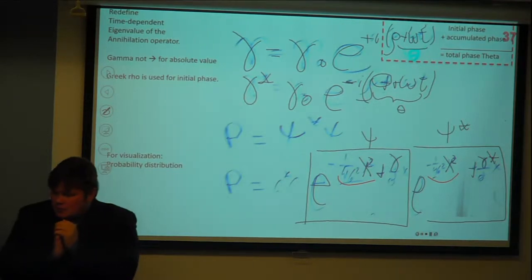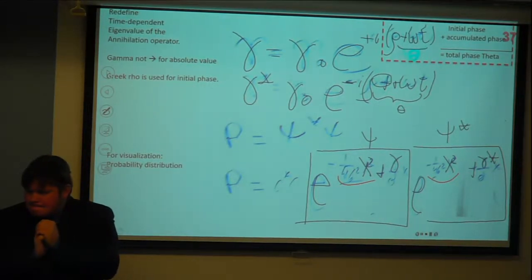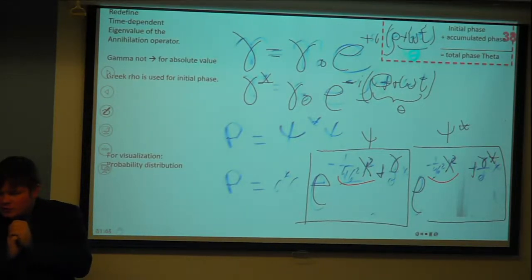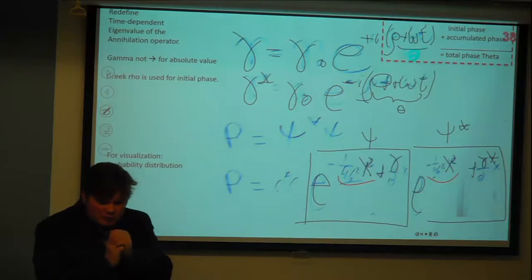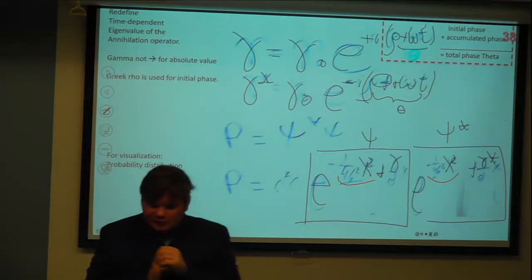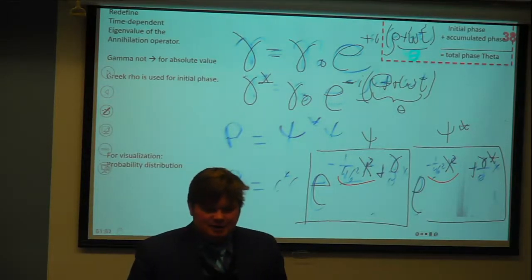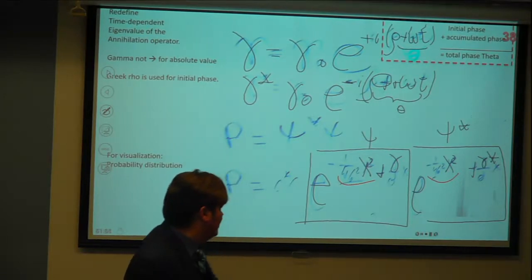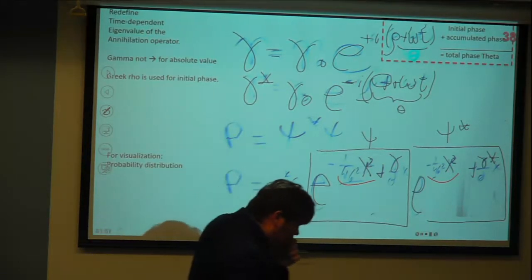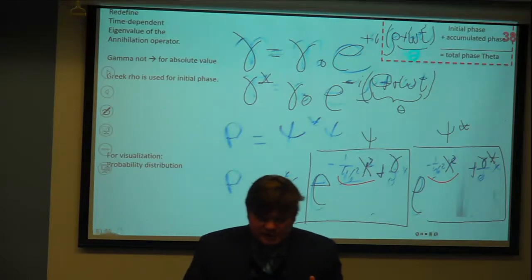So for right now, I'm going to introduce a trick that I borrowed from the book. Maybe next time I will bring copies of this paragraph or page. Right now we do not know what the normalization was. We do not know what the initial phase was.